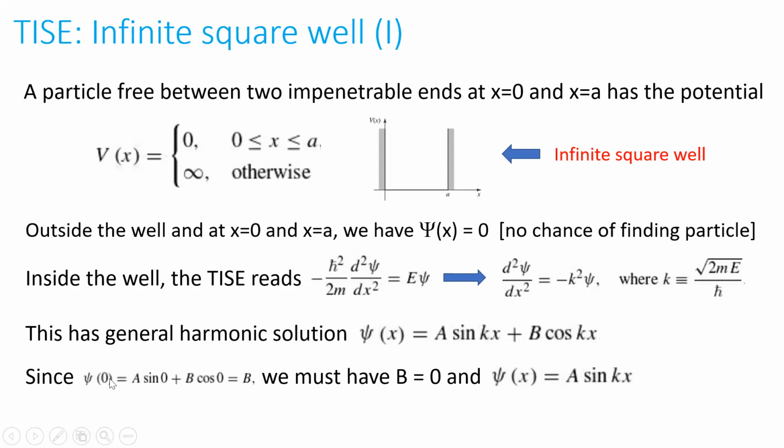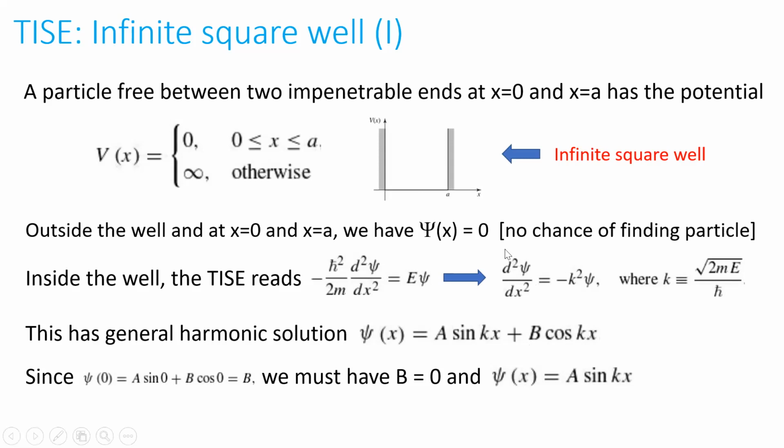But we know that this psi of 0 is supposed to be 0. So that tells us that b must be 0. So this drops out for this infinite square well as we've constructed it here. So psi of x would be a sine of kx. Okay, so just the sine part.